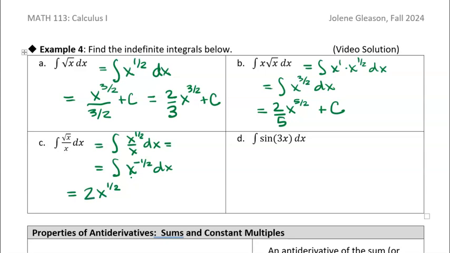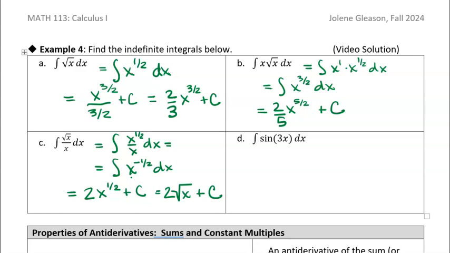So that becomes 2 x to the 1/2 plus c. Or if you prefer, you could write it as 2 square root of x plus c.